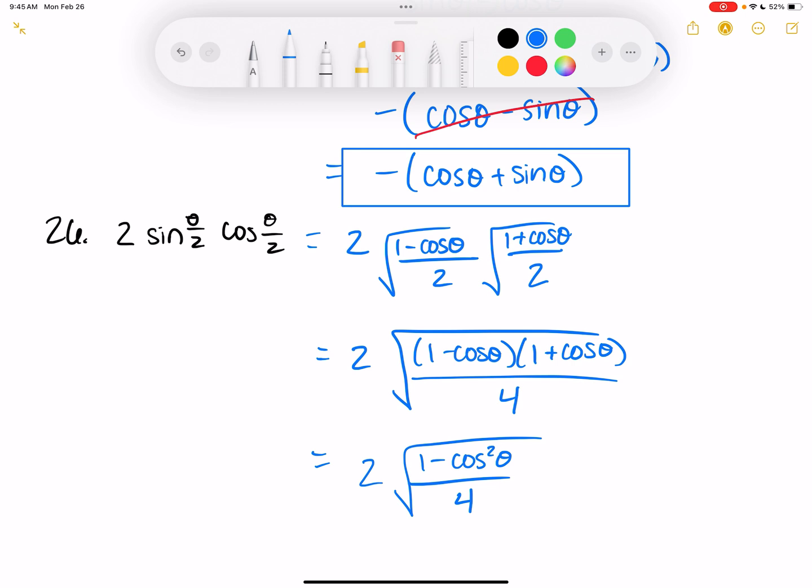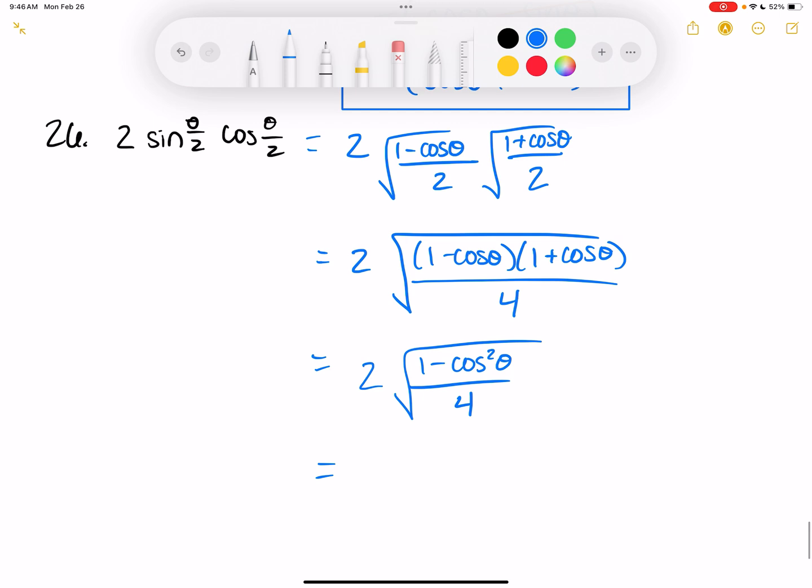Not negative cosine theta. Yep. Okay, it's a Pythagorean identity. So sine squared plus cosine squared equals 1. So 1 minus cosine squared is going to be sine squared. So this is going to be 2 square root sine squared theta over 4.